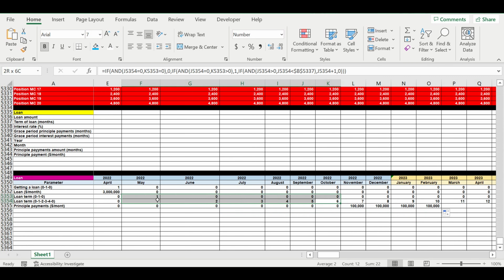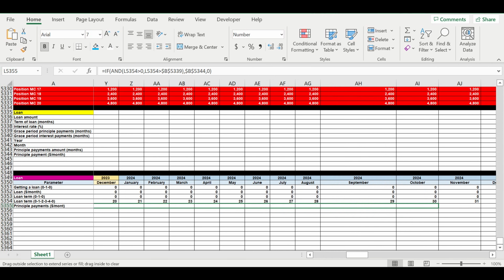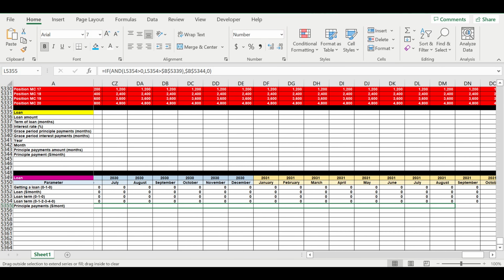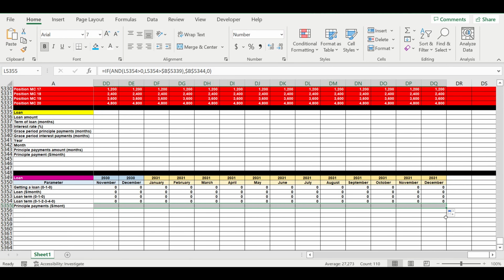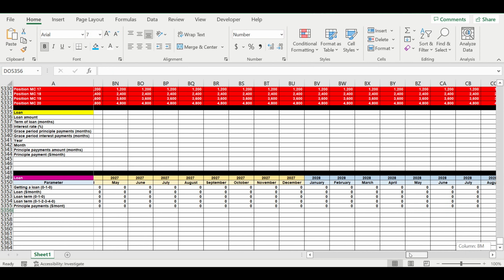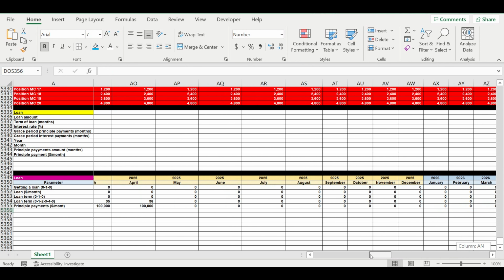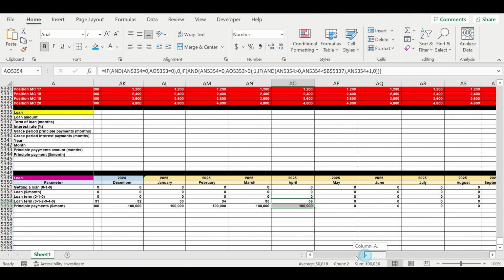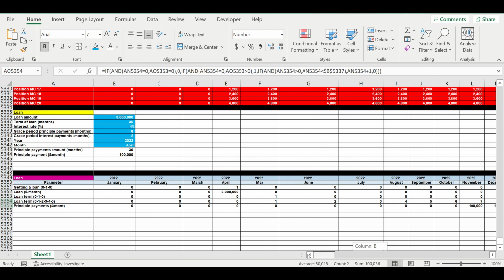So 6 months grace period, then we started paying. Then we ended payments. So for example, if grace period will be 0, so these payments will displace to the left.